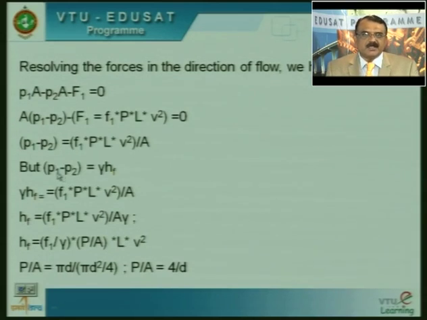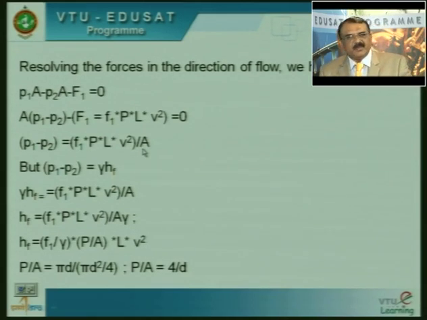Therefore, P1 minus P2 is equal to gamma into HF. So, in this equation I am going to replace P1 minus P2 by gamma HF. If you do that, you are going to get gamma HF is equal to F1 into PLV square whole thing divided by A.